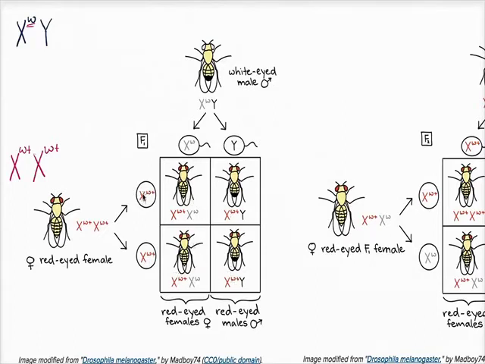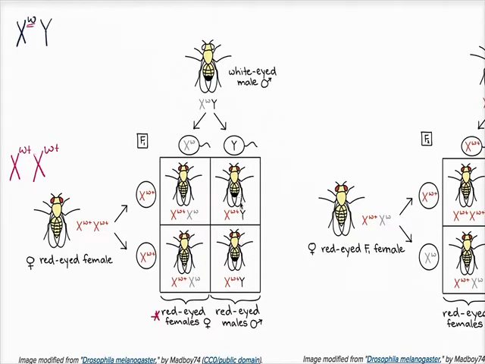You could get an X from both parents. If you get an X from both parents, you're going to be female, because you're going to be XX. And each of these females, since you got one wild type and one mutant type, and the wild type turns out to be dominant, their phenotype is still red eyes. They still have red eyes, but now they are heterozygous. They are heterozygotes. They are carrying the white allele.